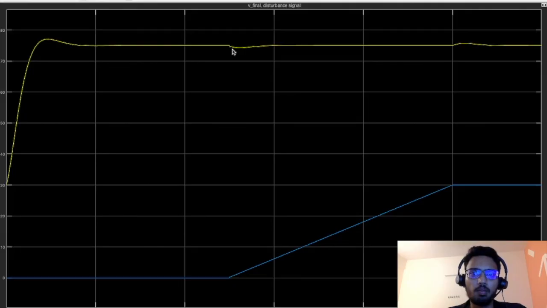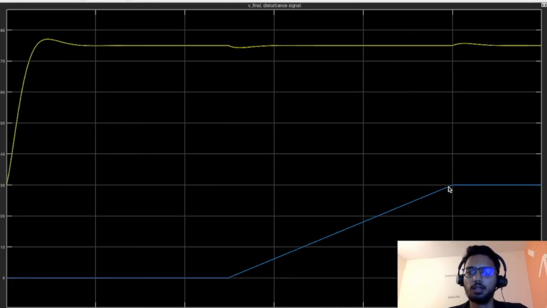There is a slight dip in velocity or speed, because we took the case of a simulation of an upward slope, so this increase in V causes a slight dip, but then the PID controller takes charge, and then the speed is again restored to 75 km per hour.